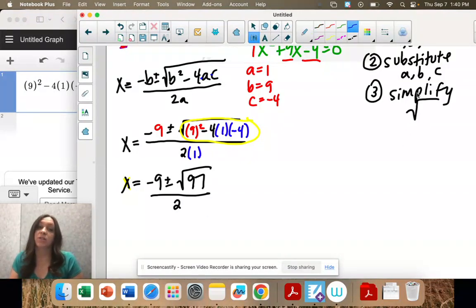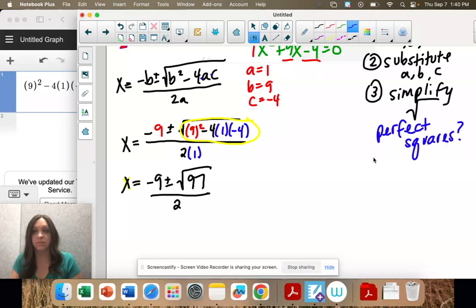So now we want to keep simplifying the square root. So are there any perfect squares? Remember, 4, 2 times 2, 3 times 3, 4 times 4, 5 times 5, 6 times 6. All of those. Can I reduce that even more?